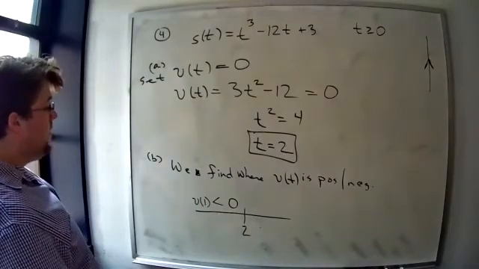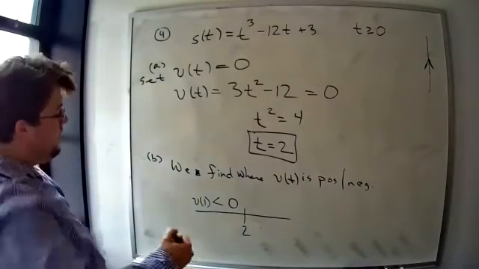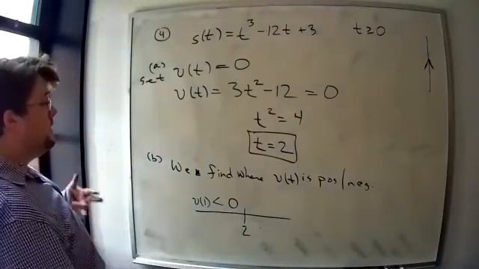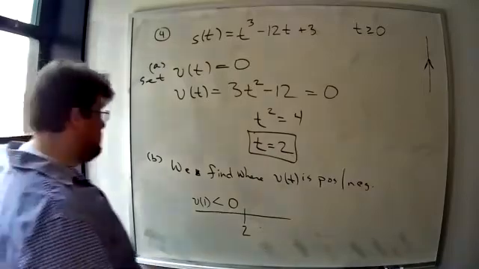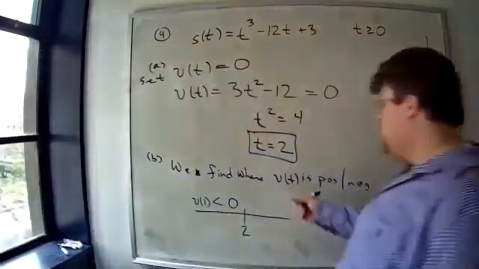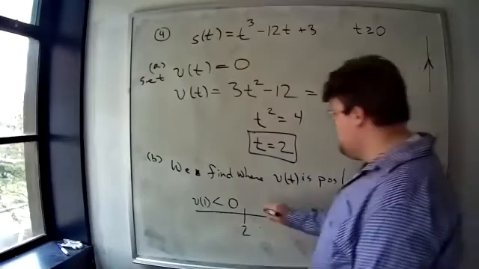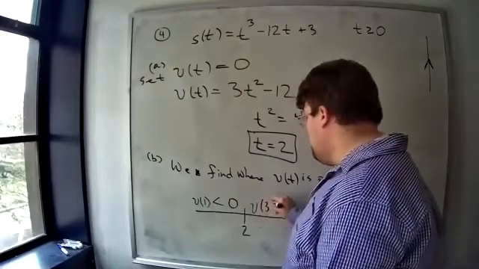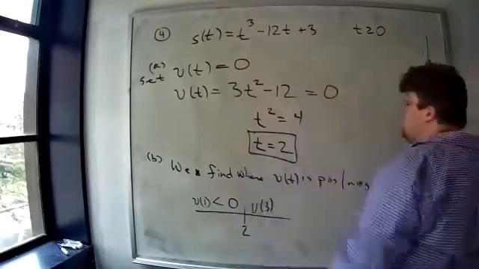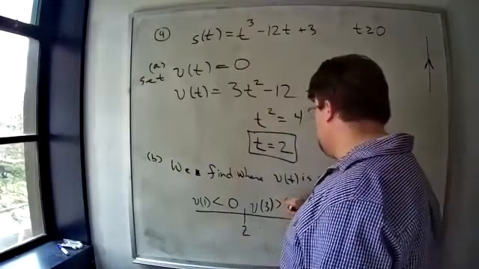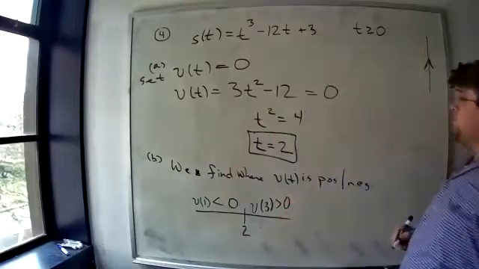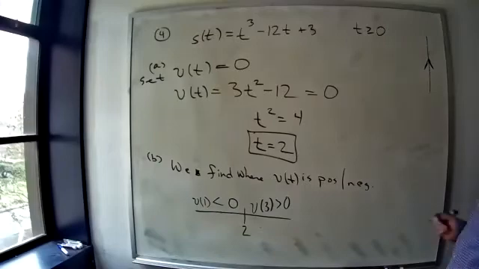The actual number doesn't matter, just the fact that it's negative is what matters. On the other side of 2, we'll pick a number like 3. At 3, velocity is 27 minus 12. But in particular, it's positive.